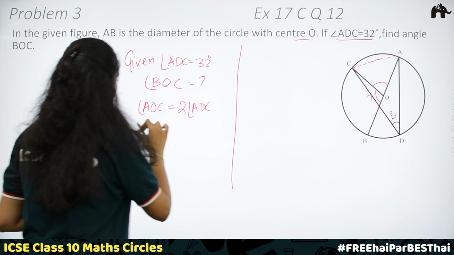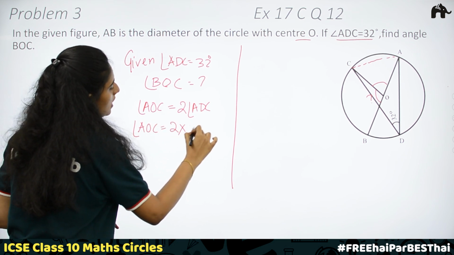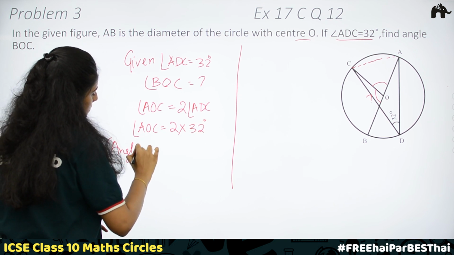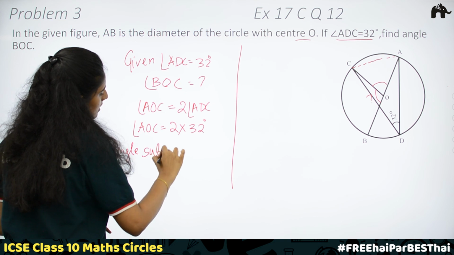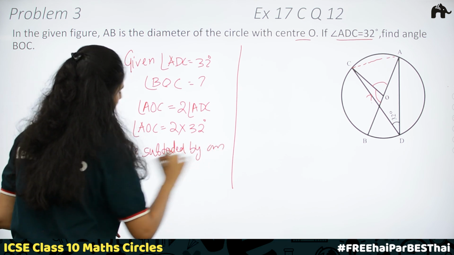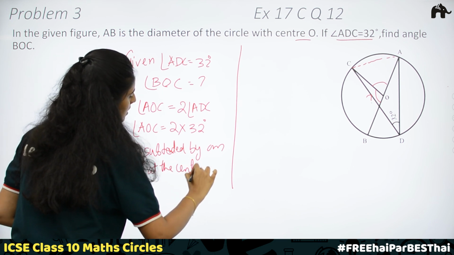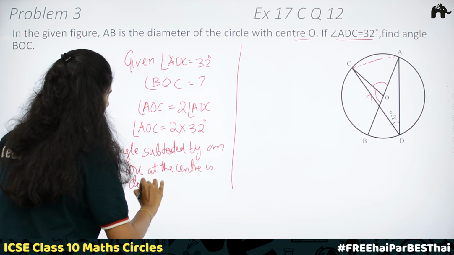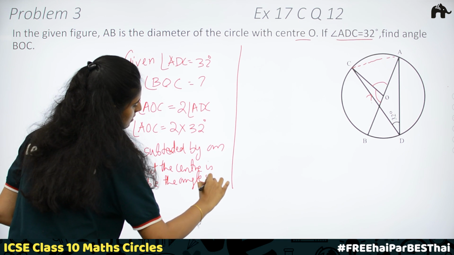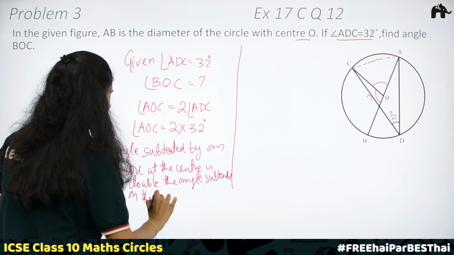Then what is the value of AOC? Angle AOC is equal to 2 into 32 degrees. What is the reason? Angles subtended by an arc at the center is double the angle subtended on the circumference.